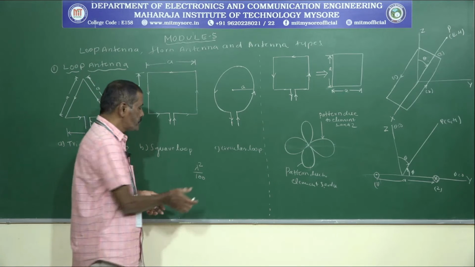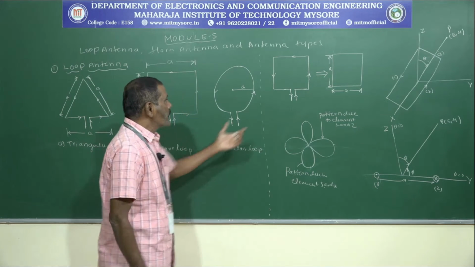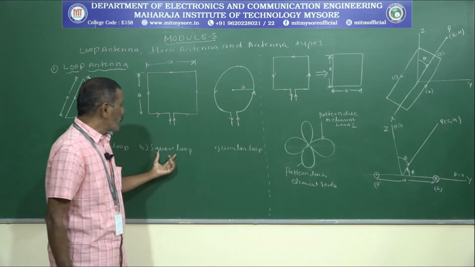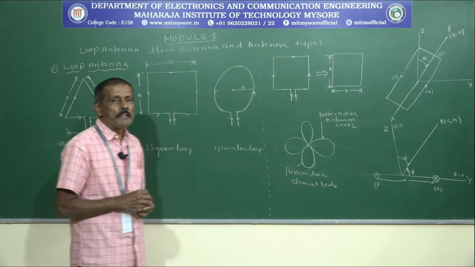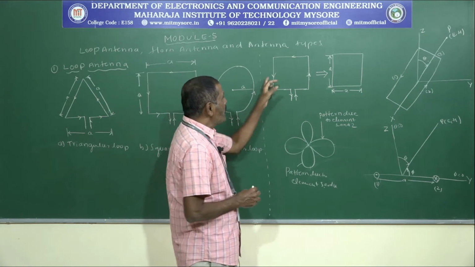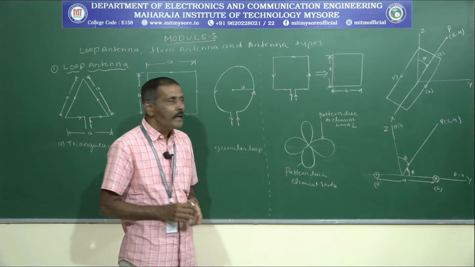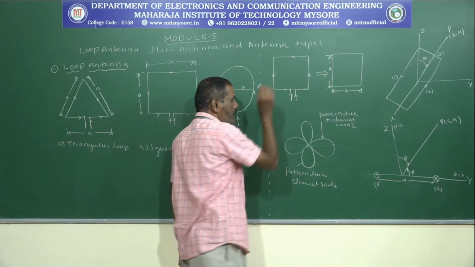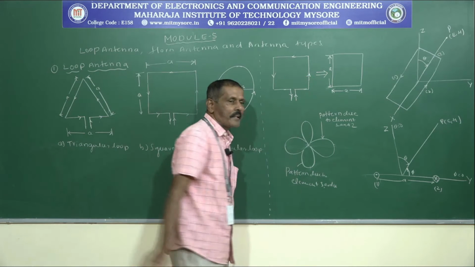In order to understand the function of the loop antenna, let us consider a square type of loop antenna. Here the antenna elements are arranged in a square form and each side acts as one antenna element, and so these antenna elements are similar.